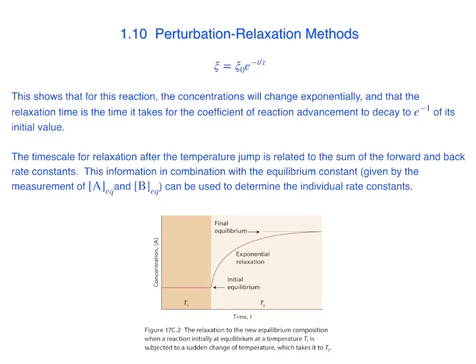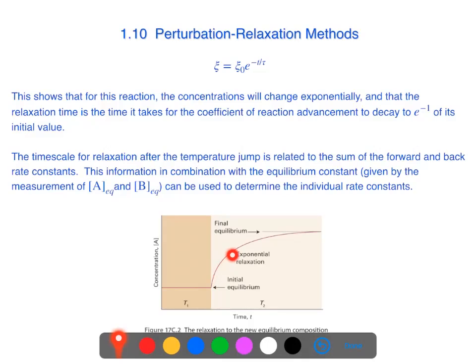We've increased the temperature of the sample, so therefore we're going to approach a new equilibrium at that new temperature, which in this figure is T2. And so we can see that this exponential relaxation to that new equilibrium, this is the information we're using. This is what we're fitting to determine the sum of the two rate constants.